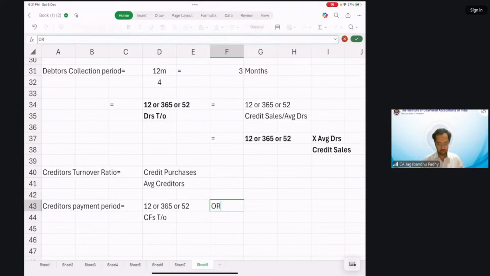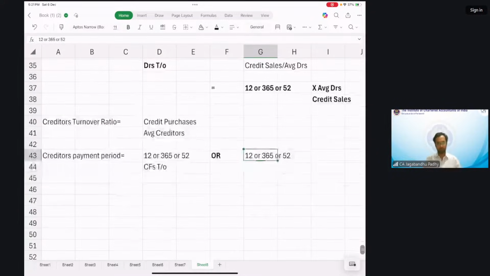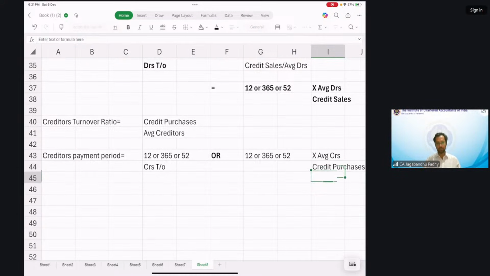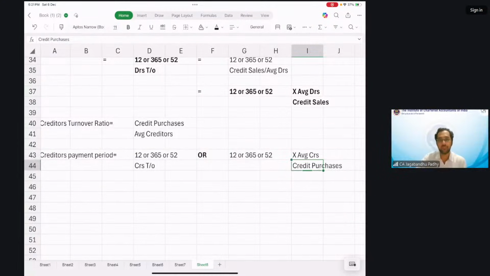Or you can also say that it is 12 or 365 or 52 multiplied by average creditors by credit purchases. Got it, guys?